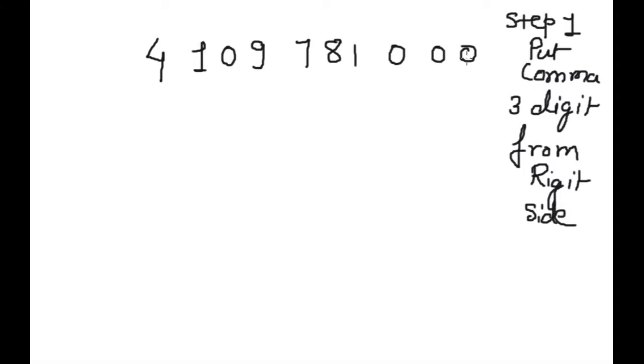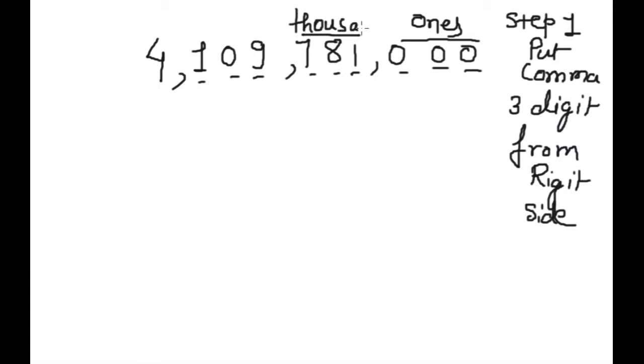Okay, so 1 2 3 comma 1 2 3 comma 1 2 3 comma. Now again this is ones period, this is 1000, this is million, and this is billion.